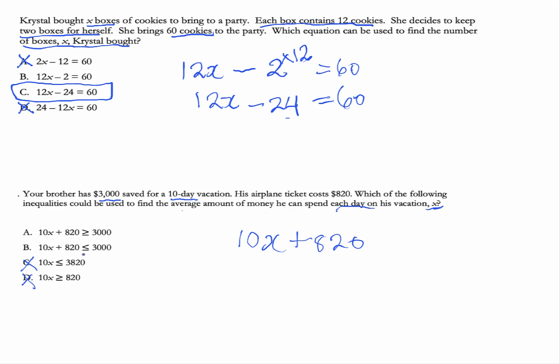And after you take the airplane money from the ticket, whatever is left, he has to spend that, and he has to spend a certain amount each day. Now, if you only have 3,000, it means that you should choose the inequality sign less than or equals because you can't go over. The maximum amount of money you have is $3,000. So your answer is B.